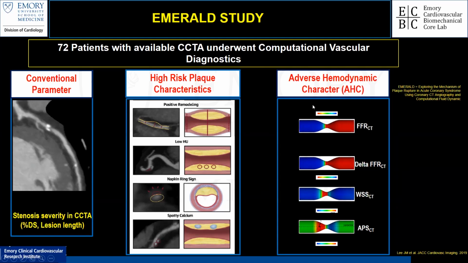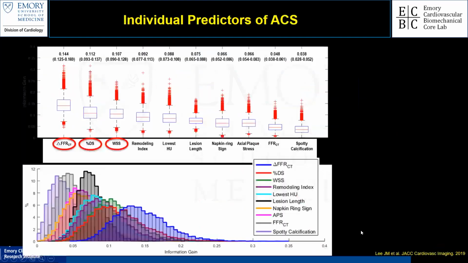They also conducted hemodynamic characterization of lesions using the very popular FFR CT, delta FFR, which is really the FFR gradient across the lesion, shear stress, and axial plaque stress.